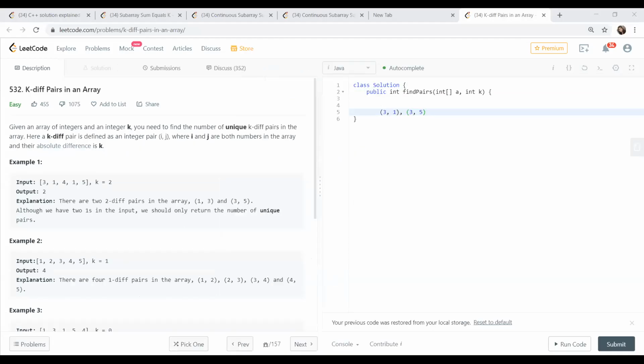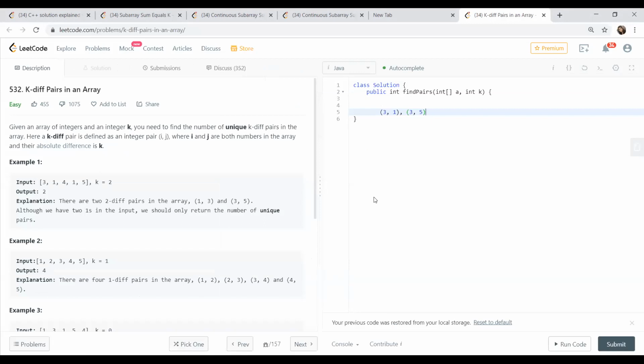So for this problem, initially I was thinking of using a set to find the pair. But the problem I have is that it's going to be hard to maintain the unique pairs, right?